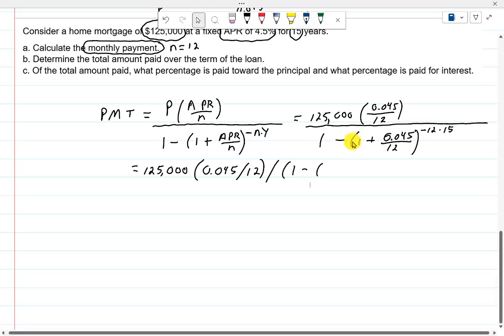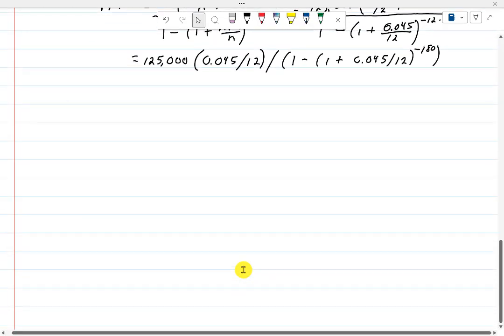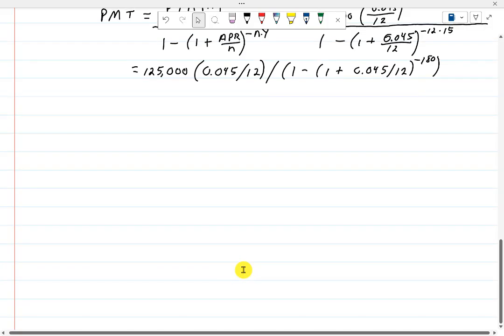I'm on this part right now. And 12 times 15 happens to be 180. And I'll end the parenthesis down there. Now once again, let me give myself some room for my calculator and see if I can get this to work.